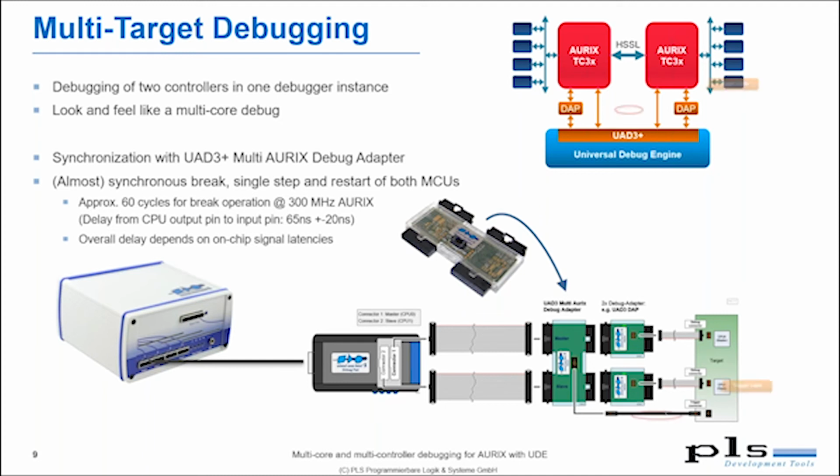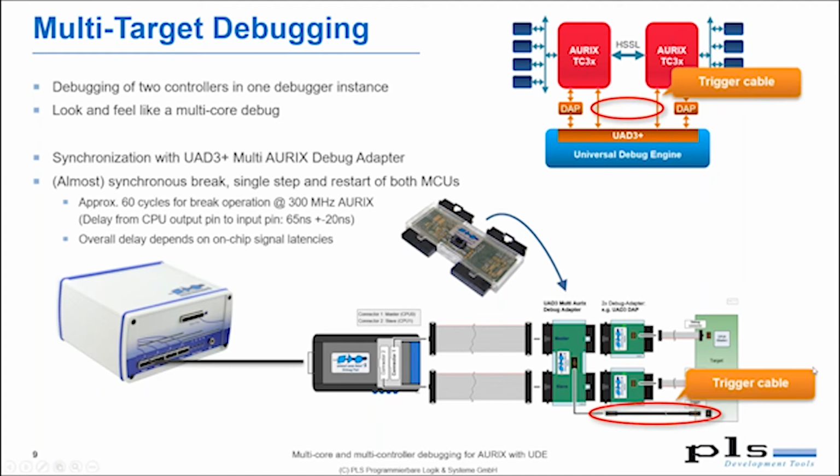What do we need else? We need some trigger lines from the AURIXs. These are part of the AURIX package and can be used to connect the Multi AURIX debug adapter for debug synchronization.